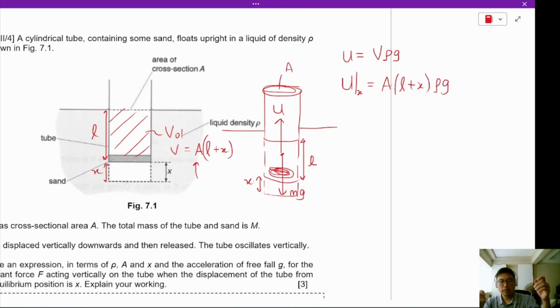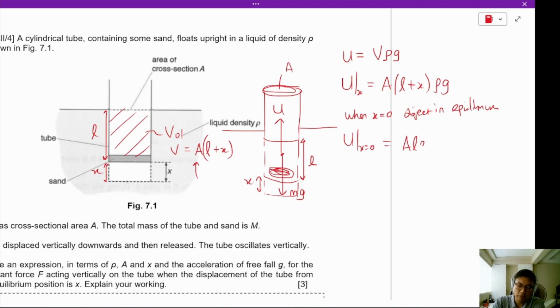What happens when x is equal to 0? When x equals 0, the object is in equilibrium. So this is the equilibrium position. The upthrust when x equals 0 will be AL rho g, and the upthrust will be equal to the weight, mg.